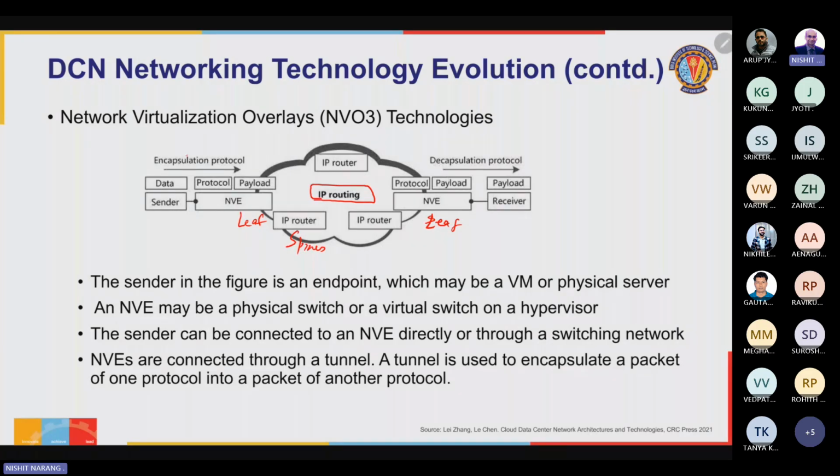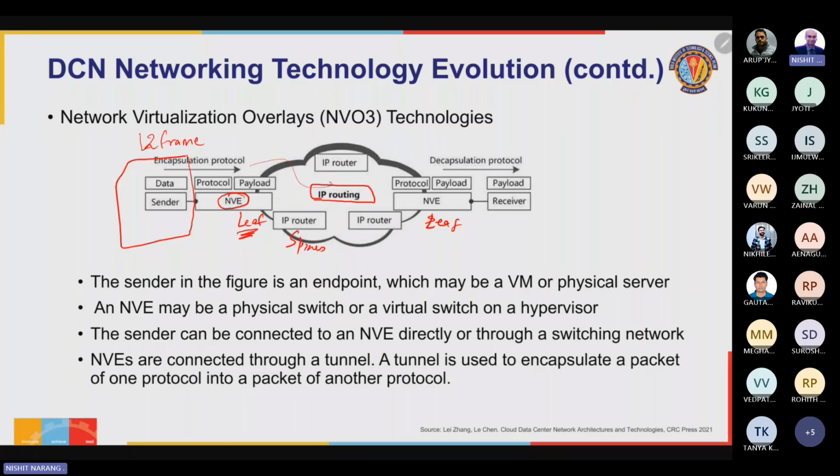And therefore, the physical servers, which are senders of data, if they want to send an L2 frame still, like they were doing earlier, the leaf switch can act as what we call in NVO3 technology an NVE, a network virtualization edge node. It can take this L2 frame, encapsulate it into an IP header and send it over the IP network.